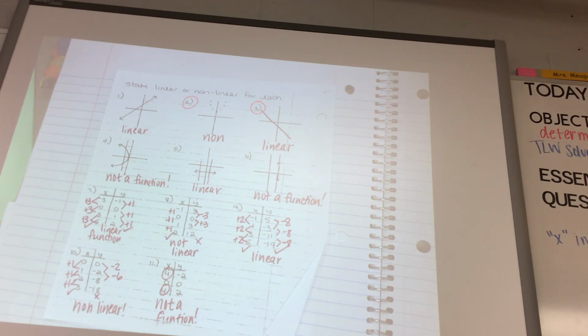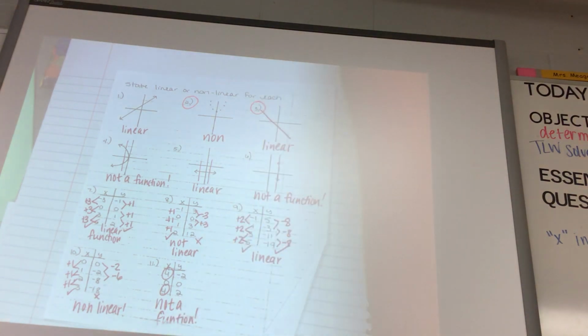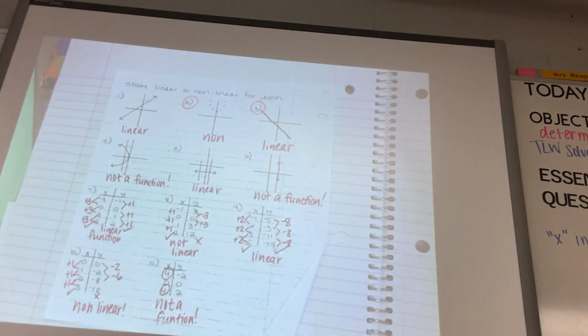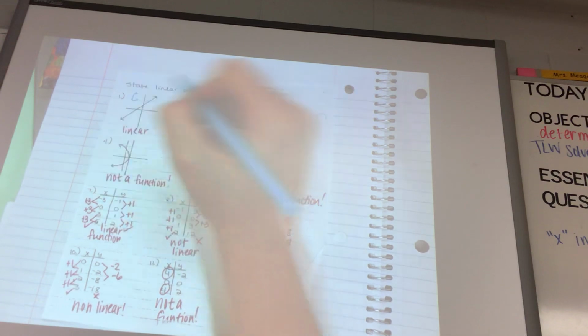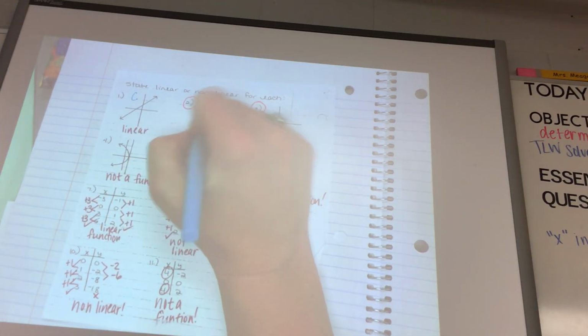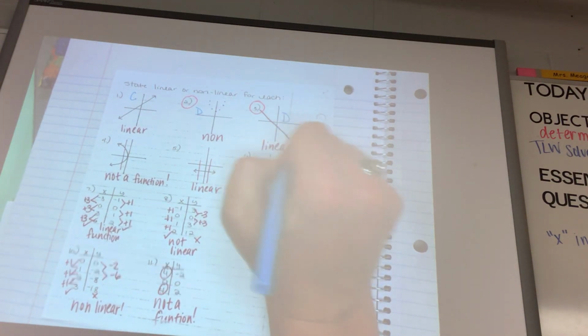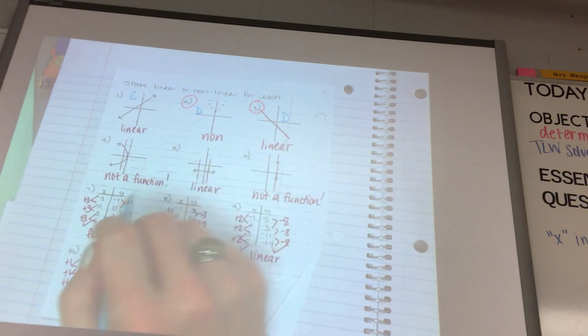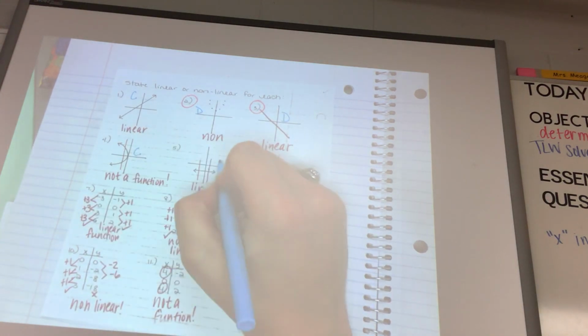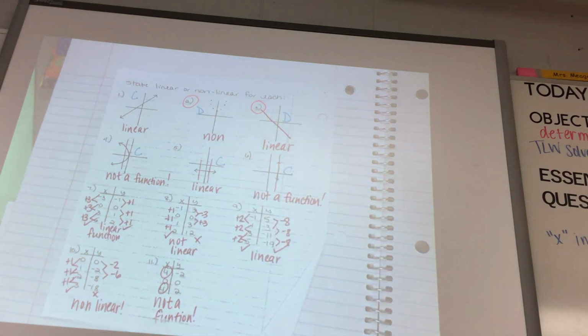So talking about what we just said, discrete is just the dots, not connected, and continuous is connected by a line. So we could go back and say, this is continuous, this is discrete, this is discrete. I connected them myself, but the graph itself was not before. This is continuous, continuous, continuous. All right? So numbers 2 and 3 were discrete and the rest were continuous.